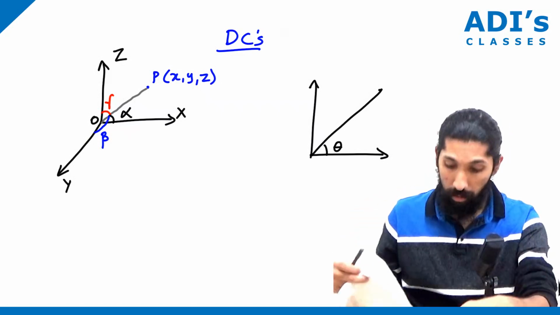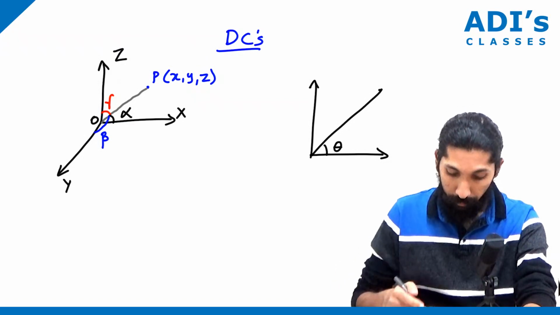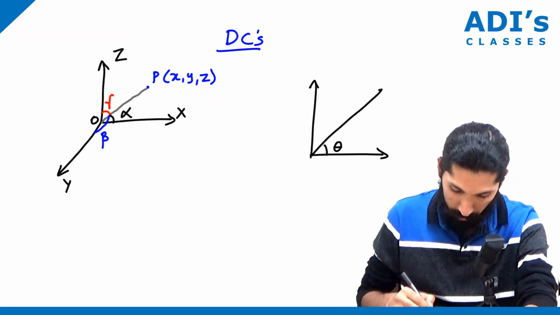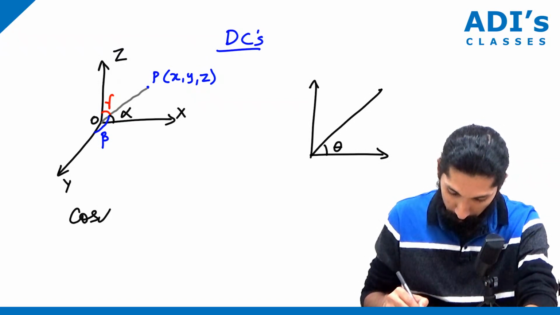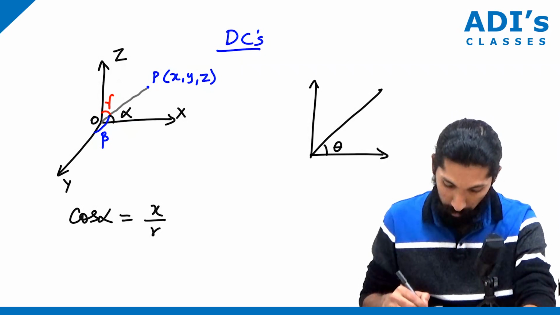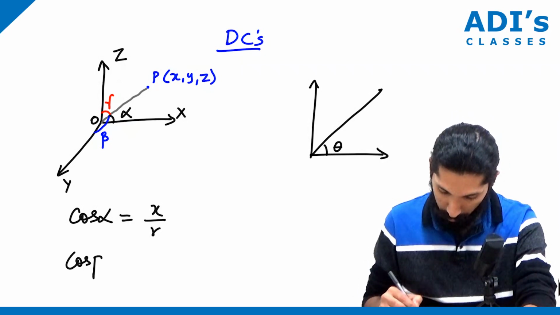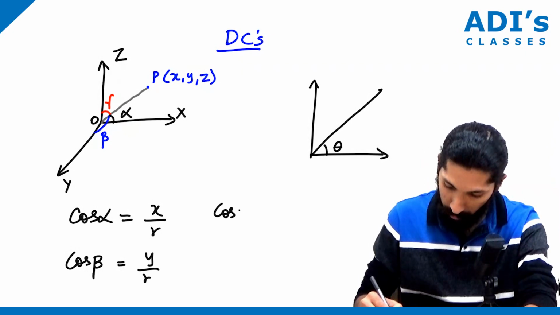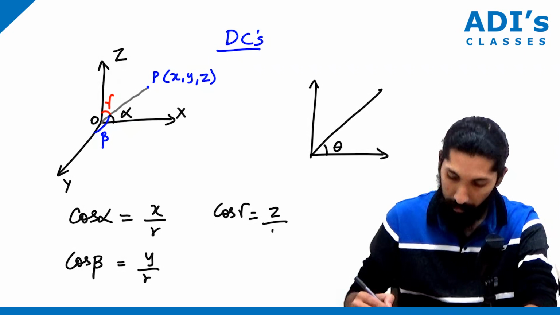All right. Now look at this one. We take cos alpha. Okay, cos alpha is equal to x divided by r. Next, cos beta is equal to y by r. Cos gamma is equal to z divided by r.